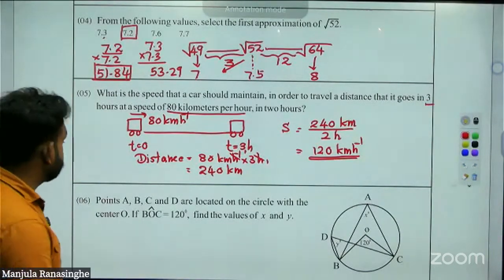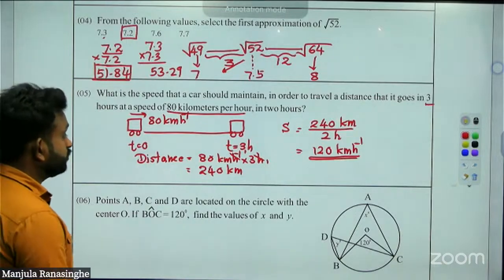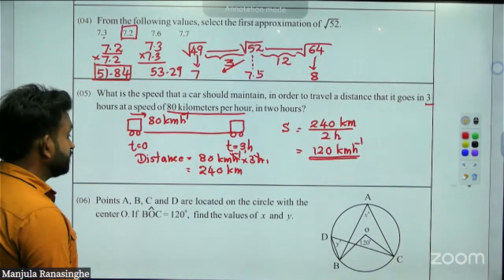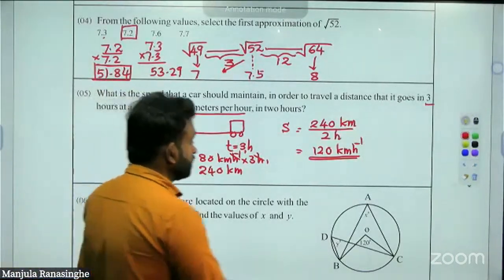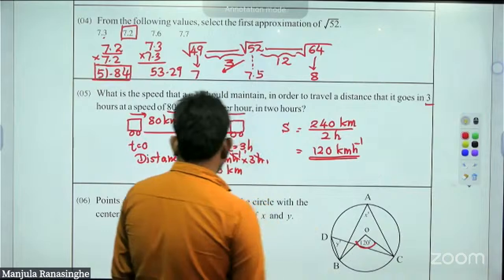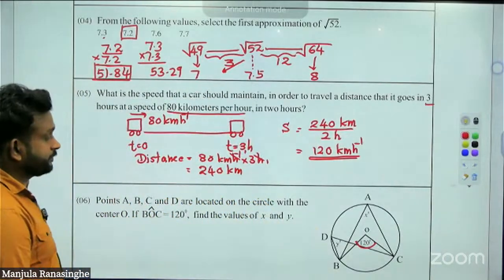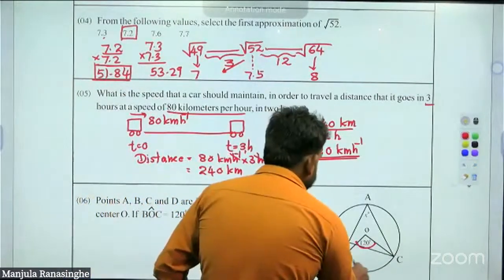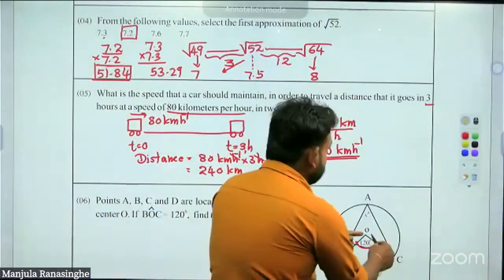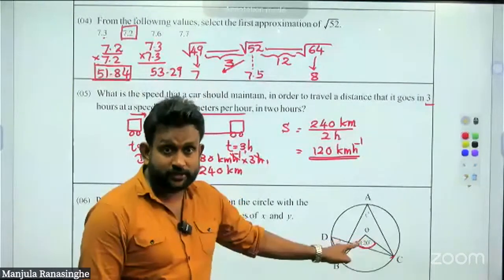Points A, B, C, and D are located on the circle with center O. If BOC equals 120 degrees, so this is 120 degrees. Find the value of X and Y. Now you know that from this arc BC, the angle obtained at the center is 120 degrees.